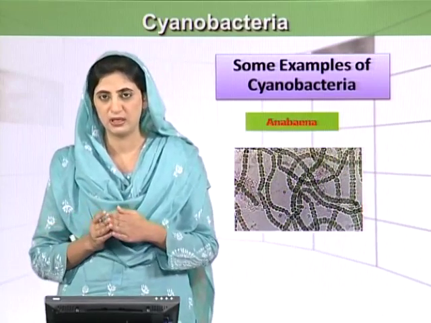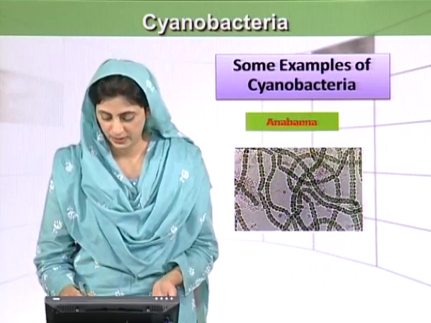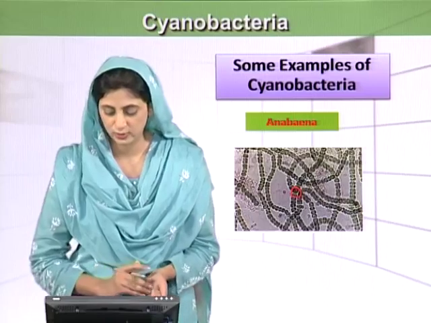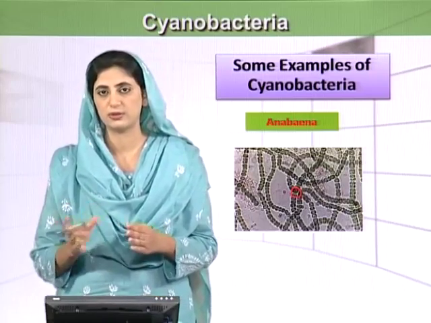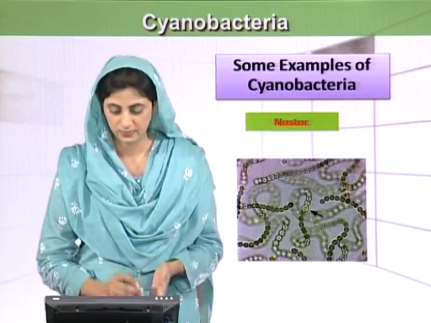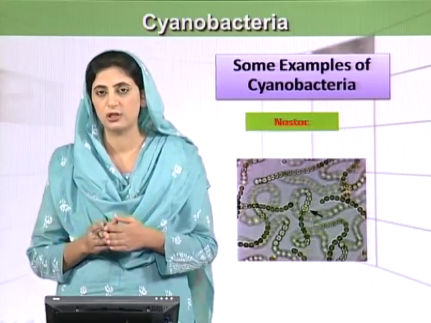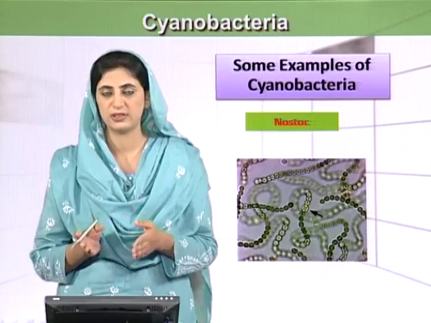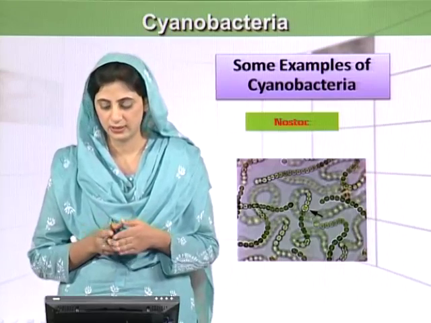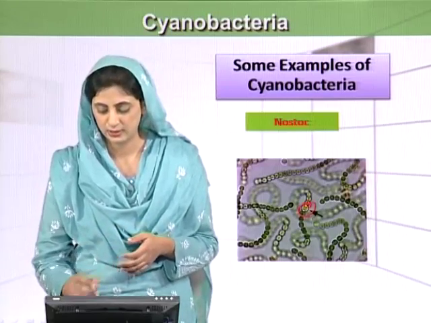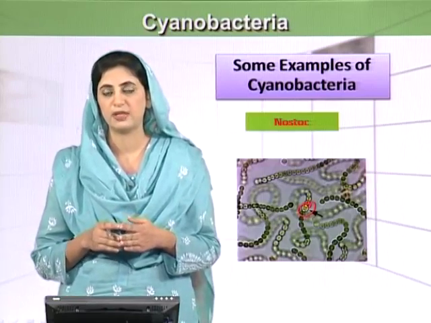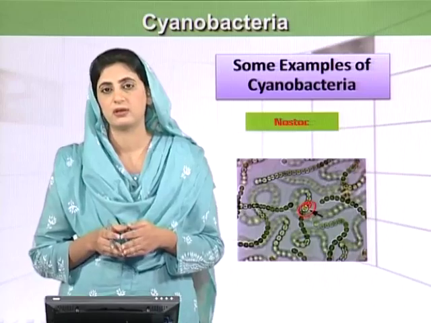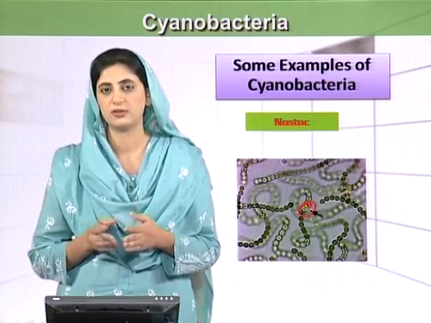Then we have anabaena, and they have a heterocyst in their trichomes, and they have a role in a symbiotic association with plants. And then we have nostoc, which is a filamentous cyanobacteria again, and it too has a heterocyst, and it has a mucilaginous sheath around it, and in many countries they are cultivated and taken as food there.